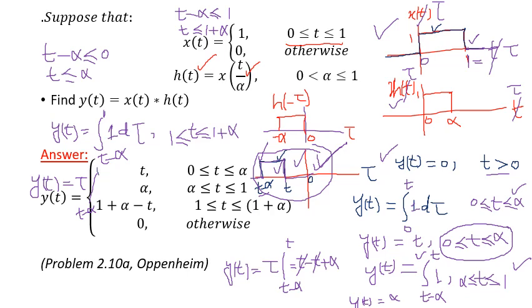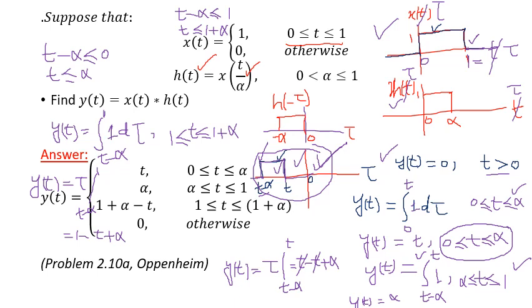So when you put in this value, you get 1 minus t plus alpha. So this is which interval?